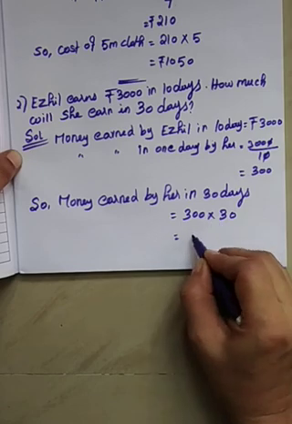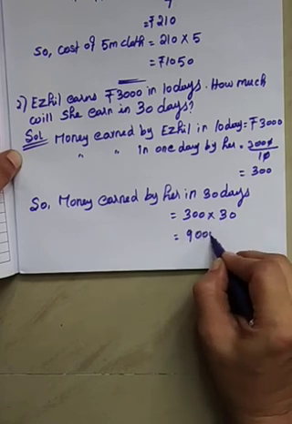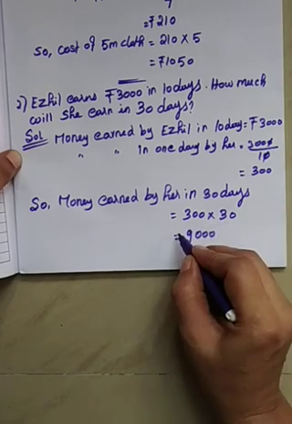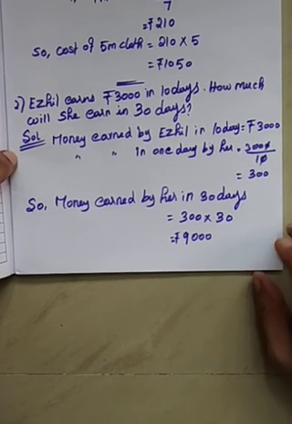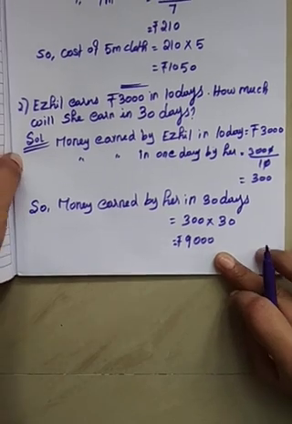So what will you get? 3 3s are 9. In this 3 0. So money earned by Elil in 30 days amount is rupees 9000.